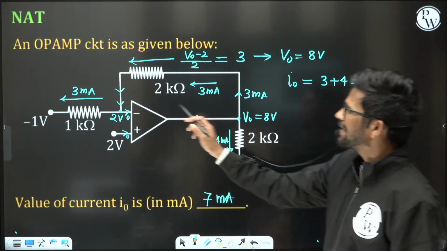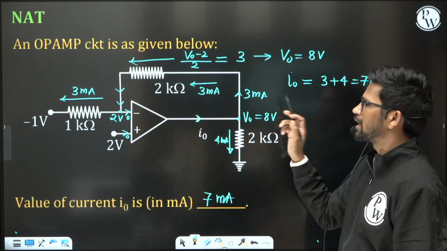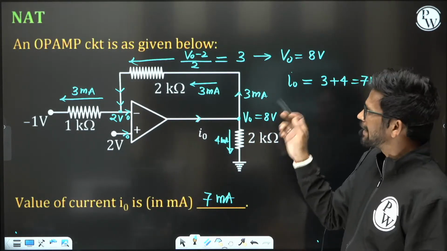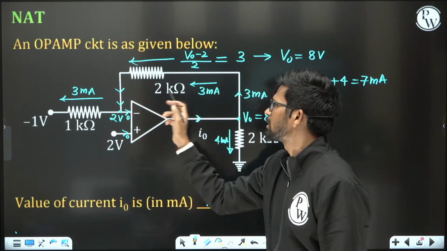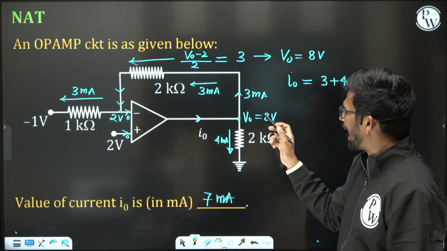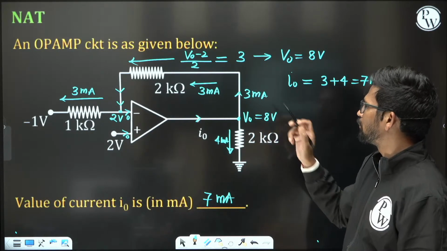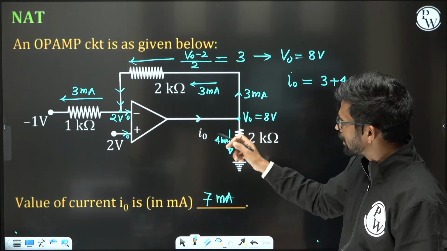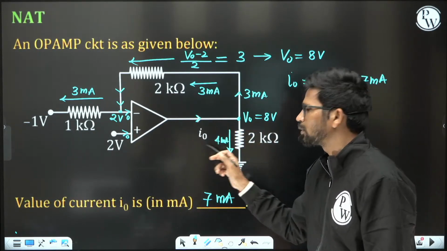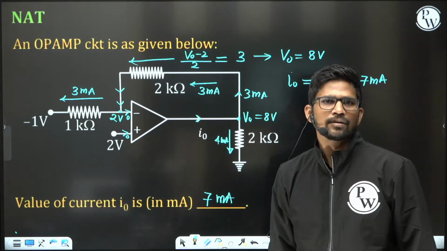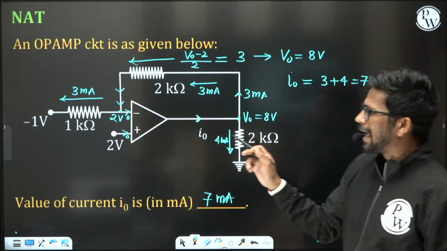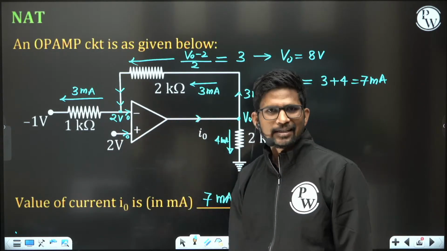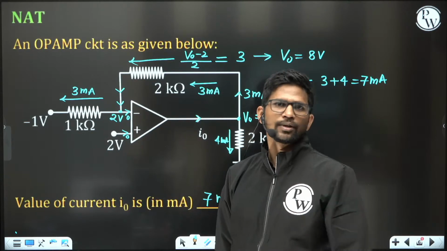So by applying KCL only I find out this voltage V naught, and by applying KCL only I find out the current through this 2 kilo ohm is 3 milliampere. And as soon as I got the value of V naught as 8 volt, then only I will be able to find out this current 4 milliampere. Then only I can calculate this current I naught. So before applying KCL at this minus terminal, you cannot find out the answer.